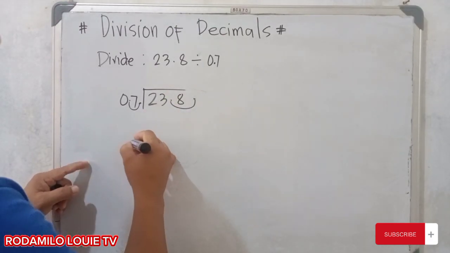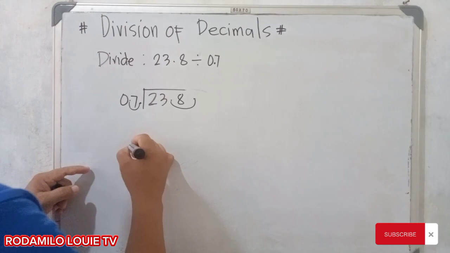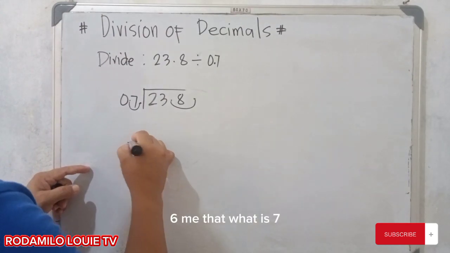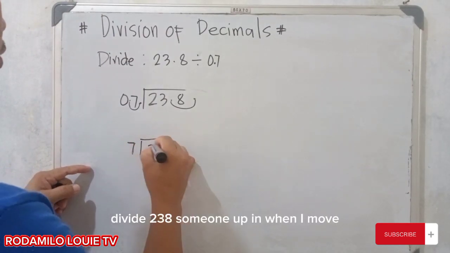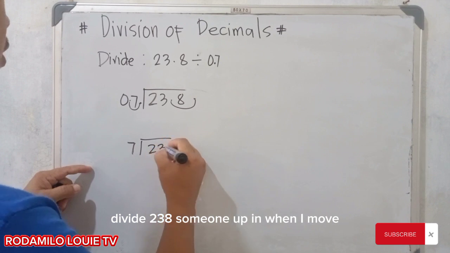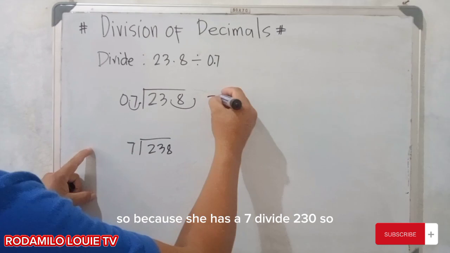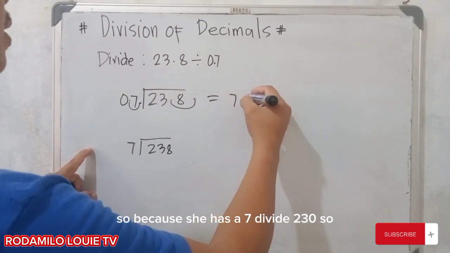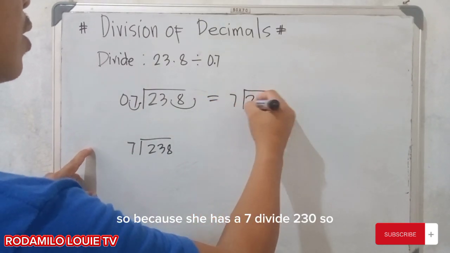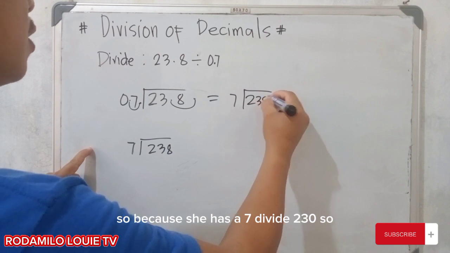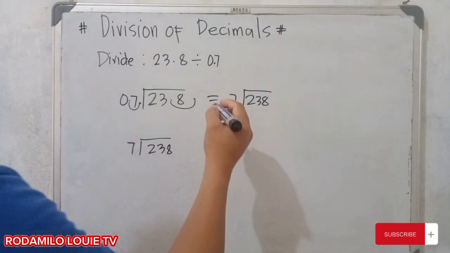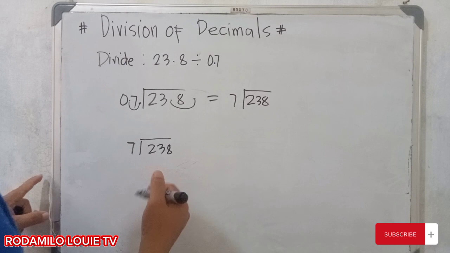So is may tabo ni 7 divide 238. So muna kaya mo nang i-move. So kung equal na siya sa 7 divide 238. So muna ay ang equivalent. So pwede natin mag-divide.